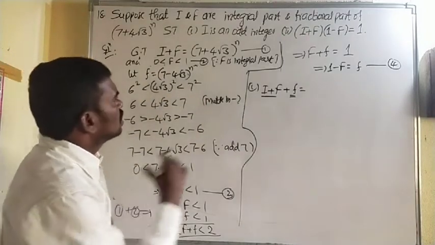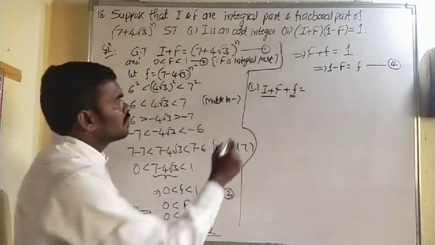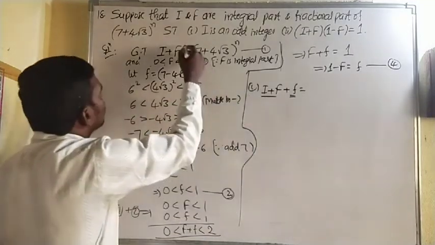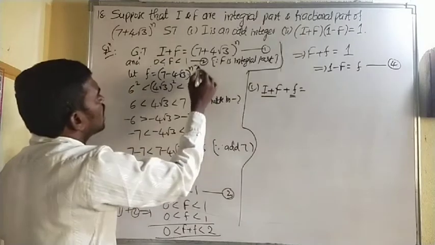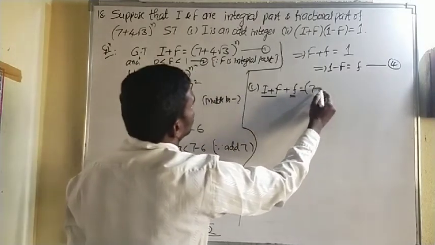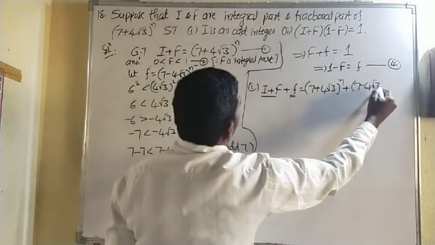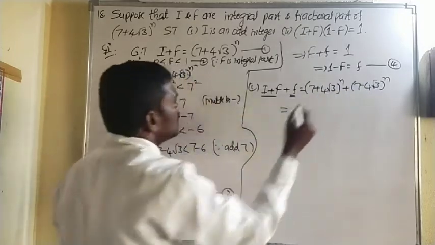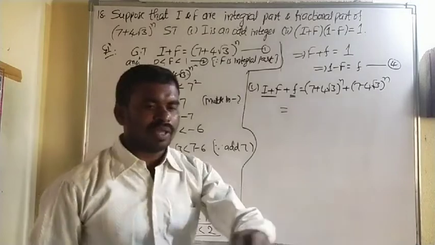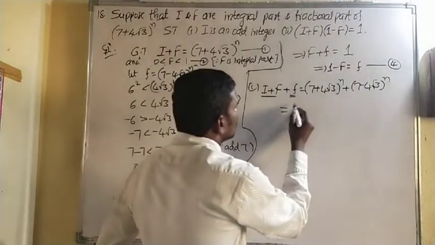So now take the first one. I am adding the first one and second one. 7 plus 4 root 3 whole power n plus 7 minus 4 root 3 whole power n. See, in this expansion, binomial theorem applies. N is there.